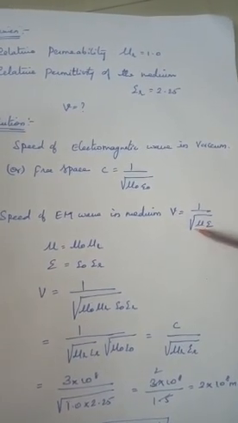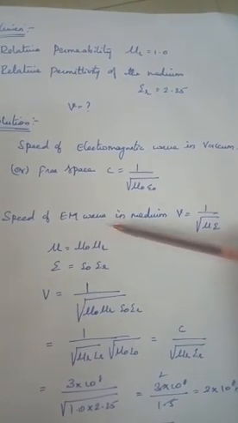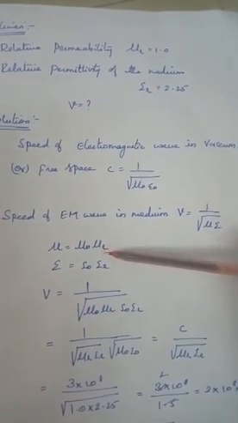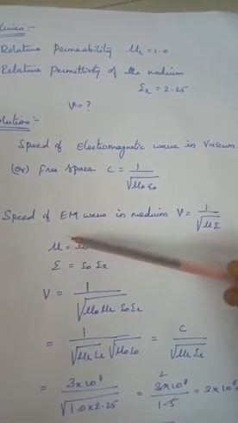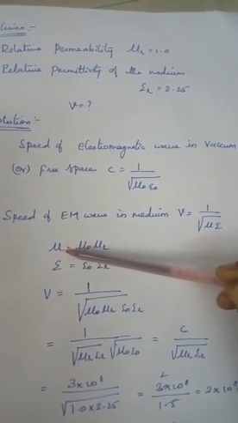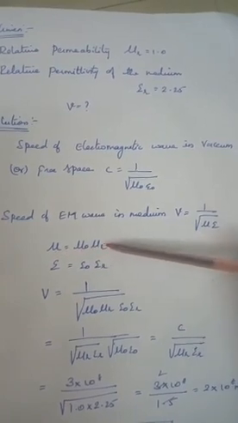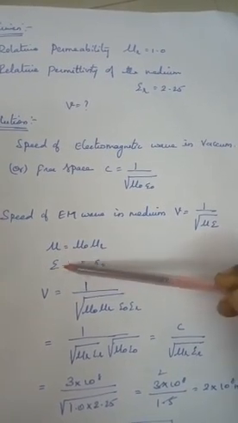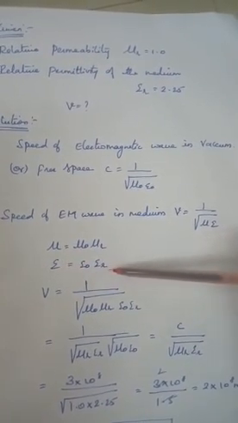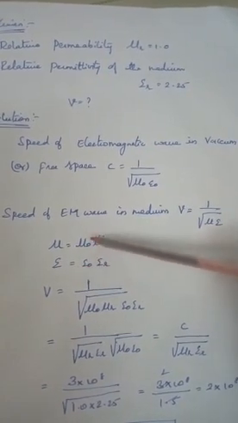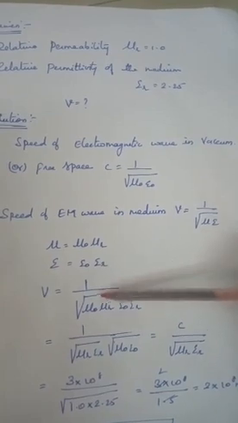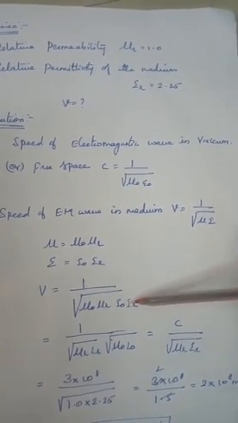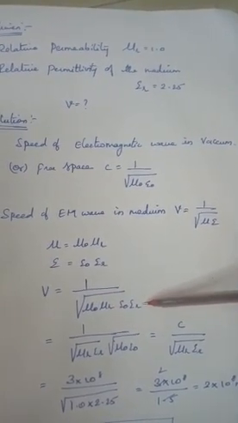So what is the mu value? Already you know that mu r, that is relative permeability, is equal to mu by mu naught. So here, in the medium, mu is equal to mu naught mu r. The same thing, epsilon is equal to epsilon r epsilon naught. Then substitute these values in the above equation, then v is equal to 1 by root of mu naught epsilon naught mu r epsilon r.